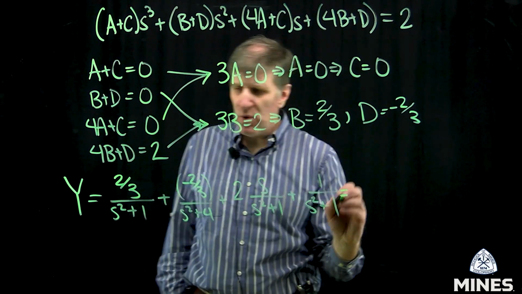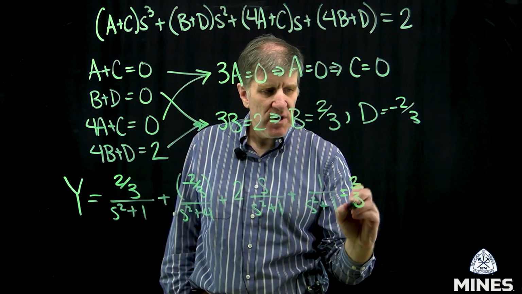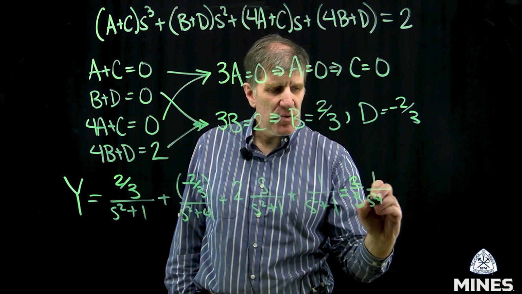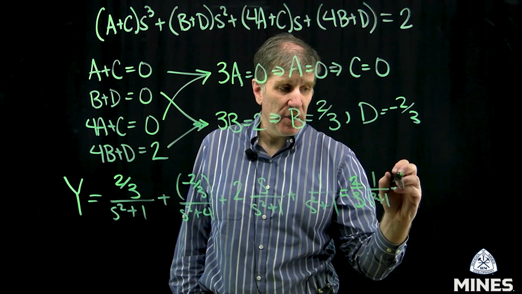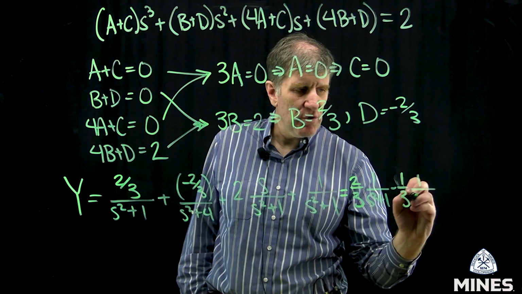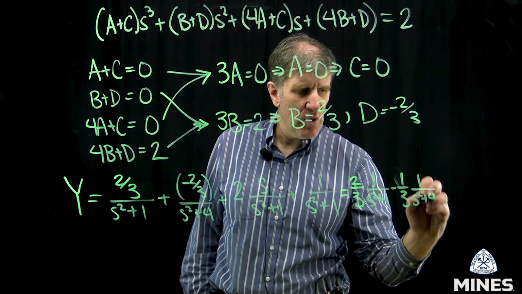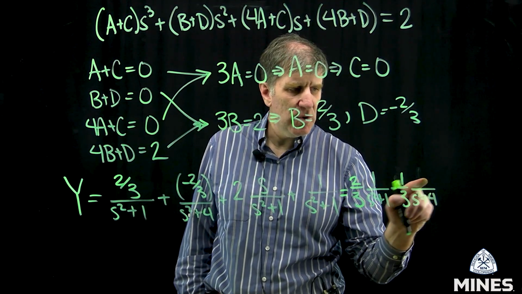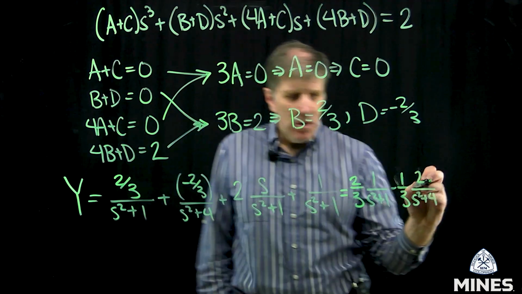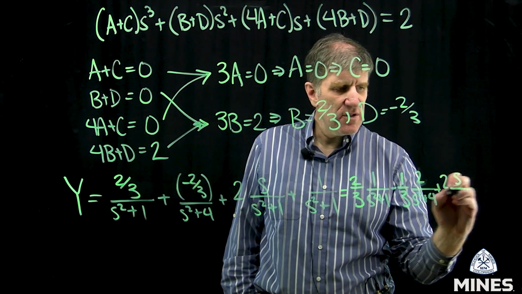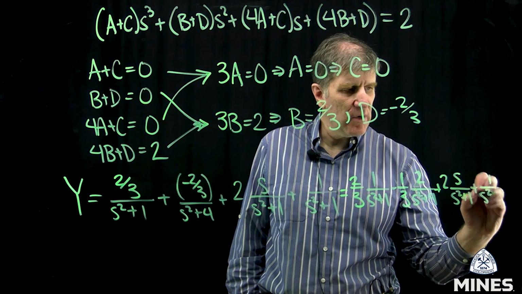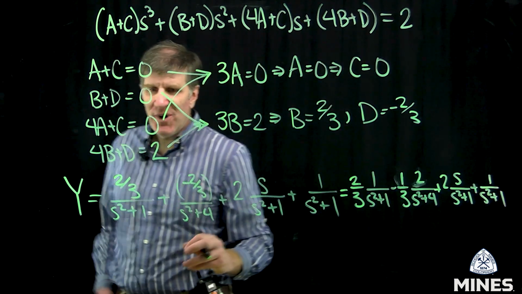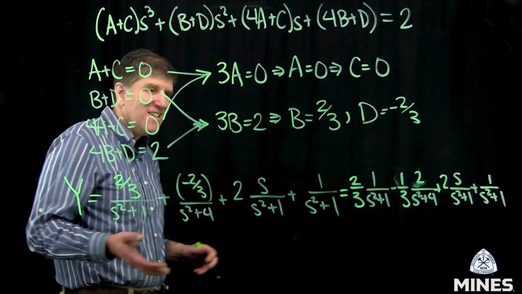I may want to write this as 2/3 times 1 over s squared plus 1 minus 1/3 times 2 over s squared plus 4, plus 2 times s over s squared plus 1 plus 1 over s squared plus 1. Whew, okay, why did I do that?